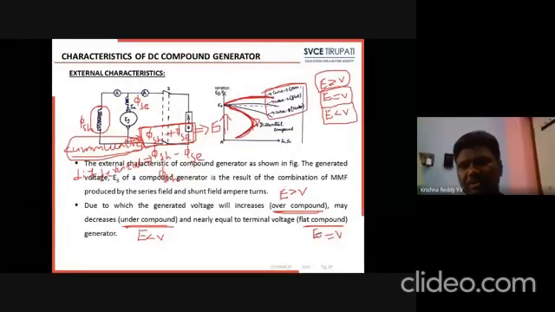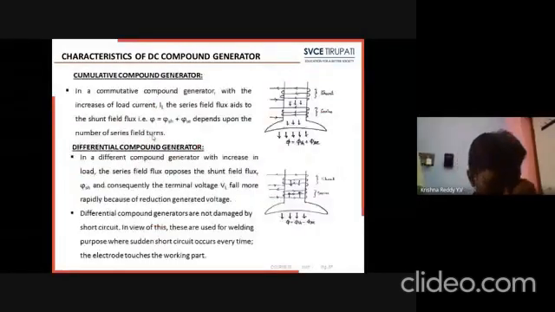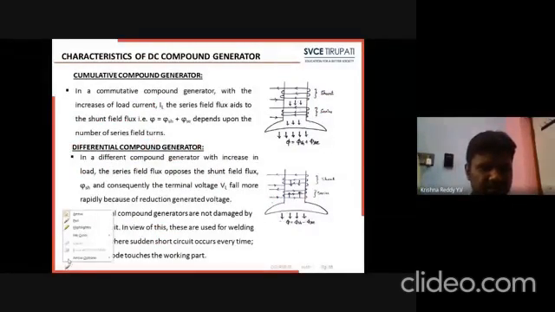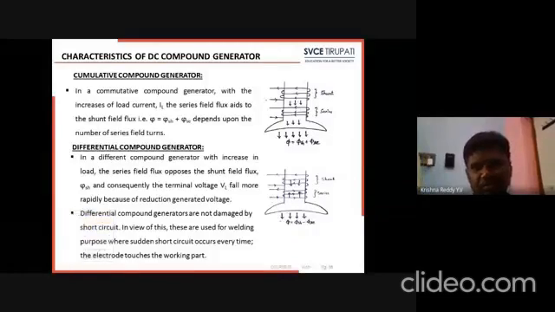These are the three different types of cumulative compound generator, when the series field winding flux and shunt field winding flux are adding. This is the construction type of winding we are using in the case of cumulative and differential compound. We have the pole core like this.